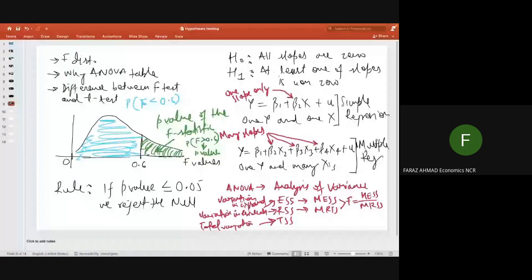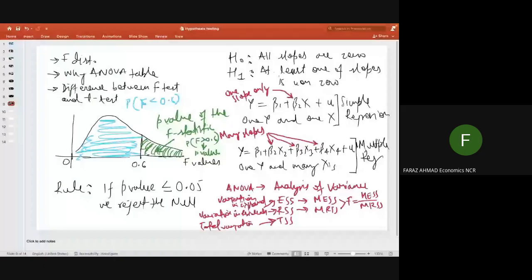Whether a particular x affects y is understood by testing that x's slope using a t-test and its p-value. If you are able to reject the null hypothesis for that x, you will say that x affects y.